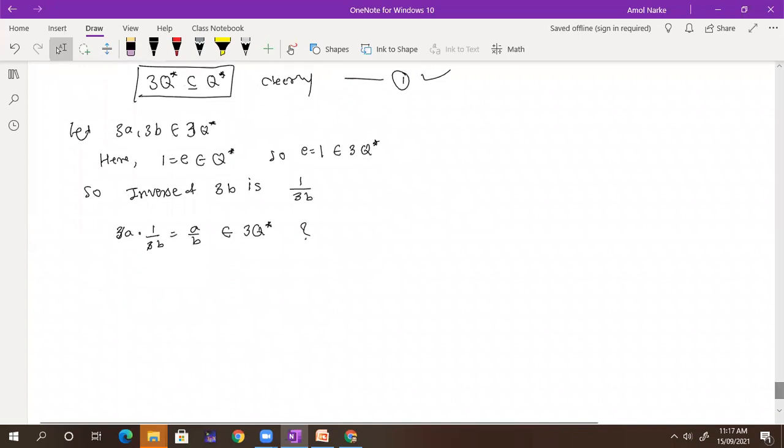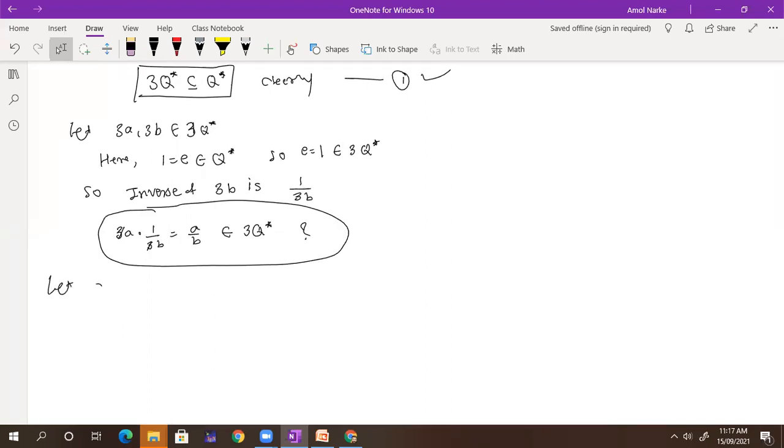So we need to find this out. Let a and b belong to q star. Can I write that a into b inverse also belongs to q star? Why?